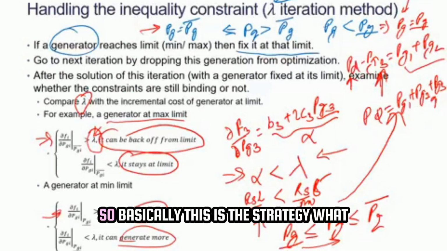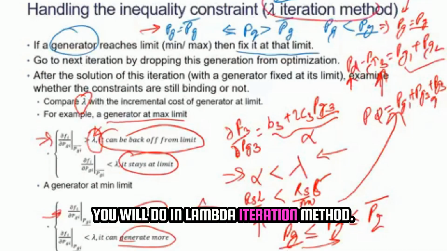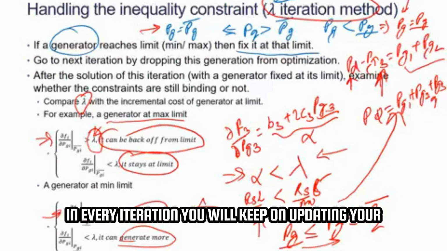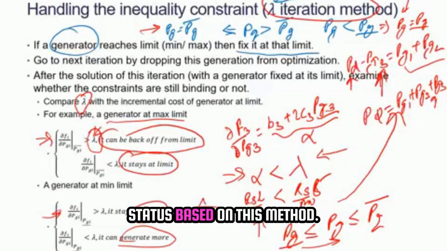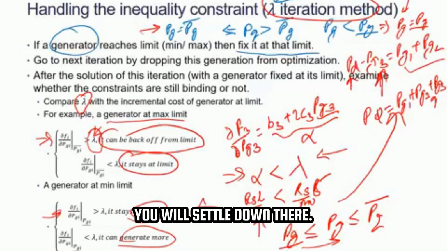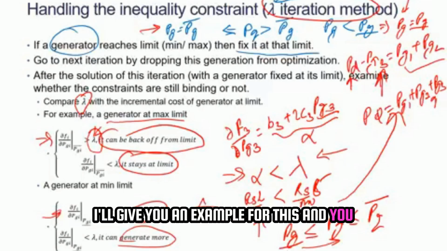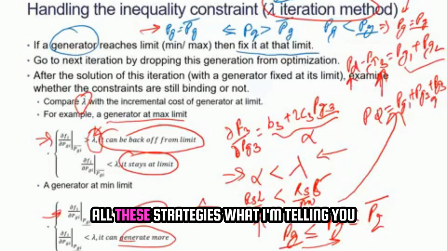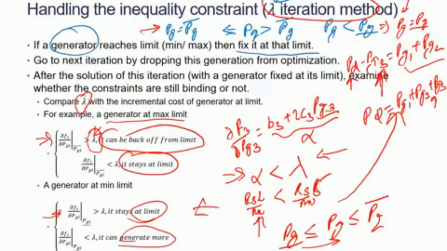So basically this is the strategy you will use in the lambda iteration method. In every iteration you will keep on updating your status based on this method, and wherever you get converged, you will settle down there. I'll give you an example for this and you can solve it and cross check all these strategies I'm telling you, and then you will get a better feel of it.